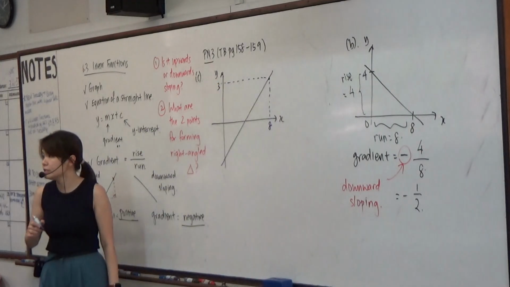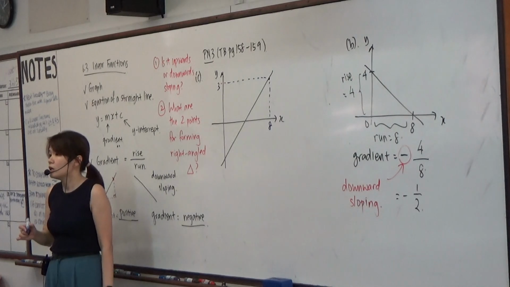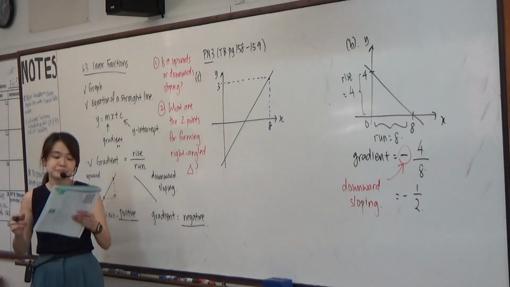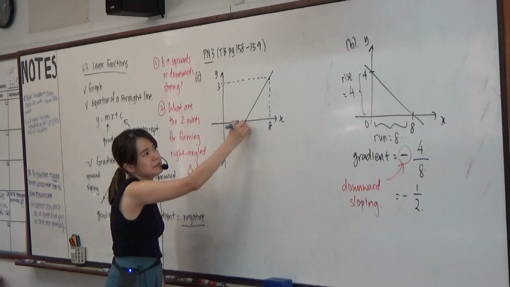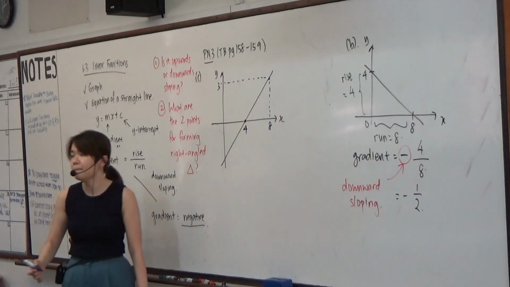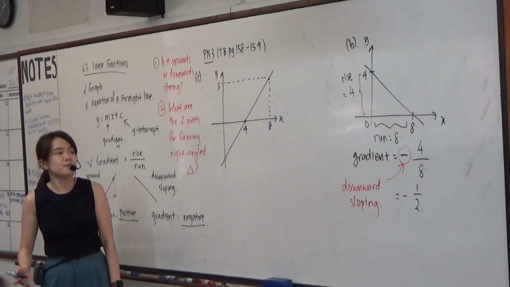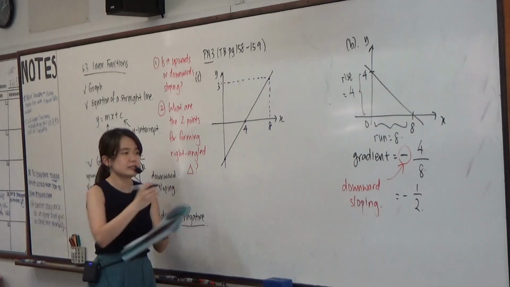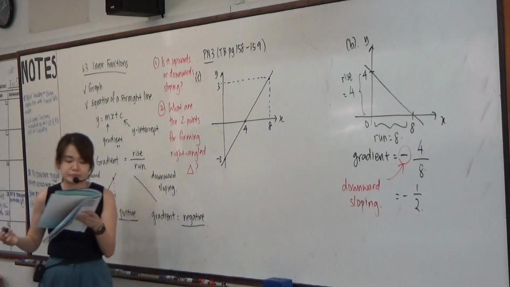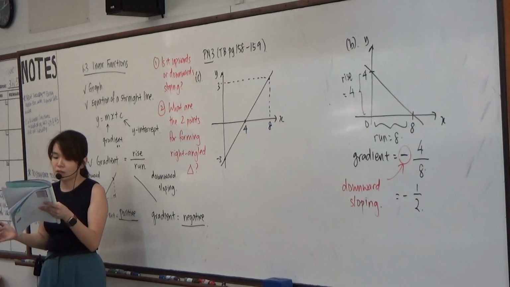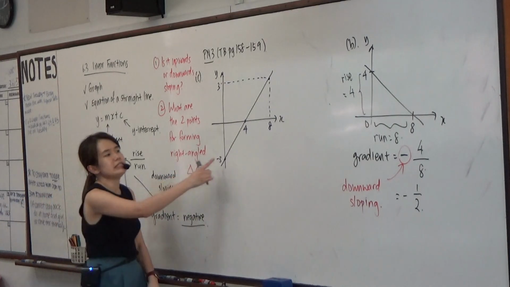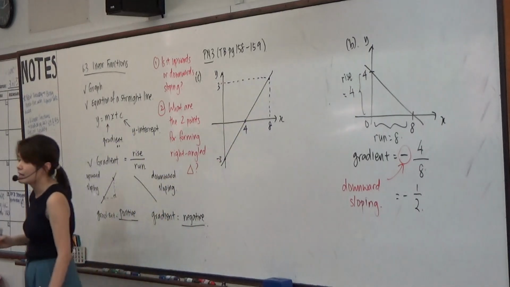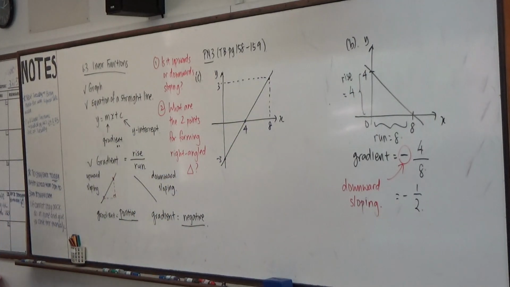Okay, that is 1 point that you see that passes through your grid very nicely. Another one is maybe this one that passes through at 4. Okay, or you can even choose this one over here, that passes through at -3. Okay, any points that are in between, I will find that it is difficult to read and difficult for us to form a right angle triangle.